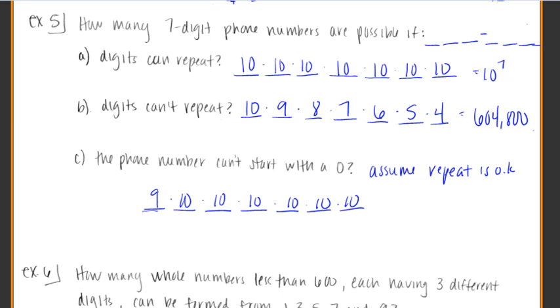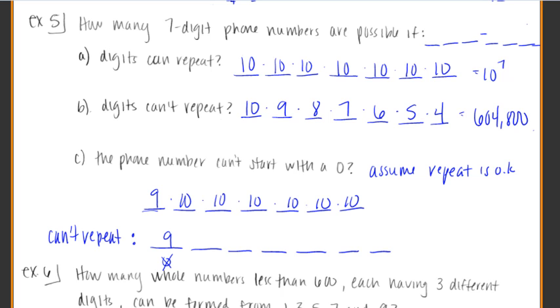Now, let's just play what ifs. What if we can't repeat? How would this change? So let me get my 7 slots. This first slot just says I can't have a 0 in there, so 1 through 9 are technically 9 possible options.